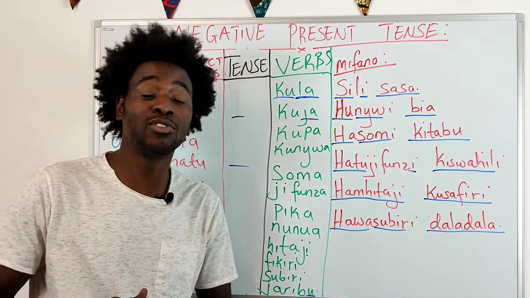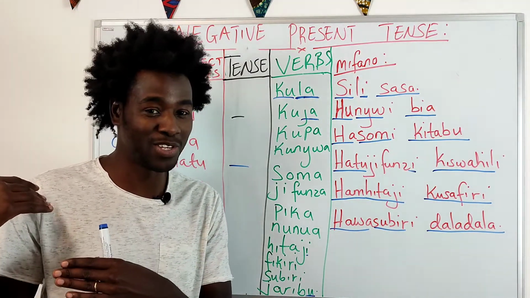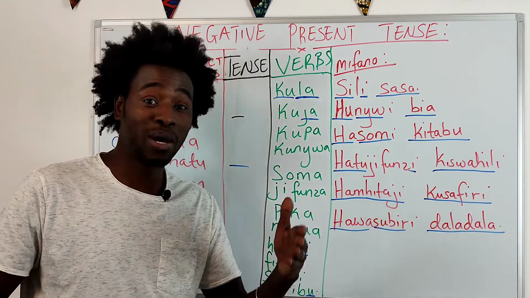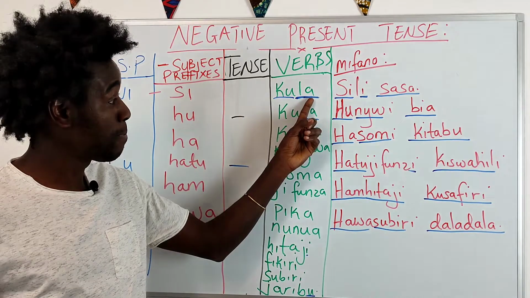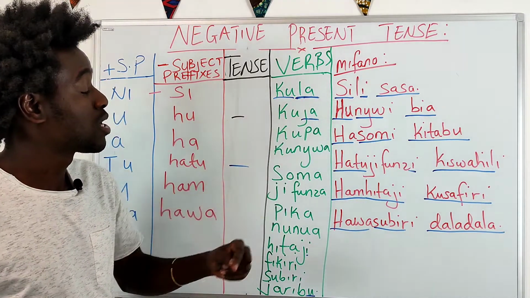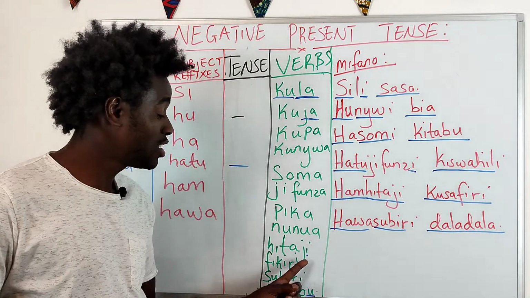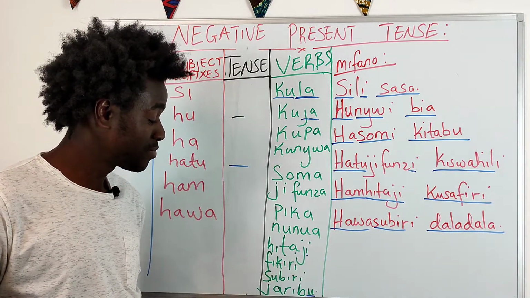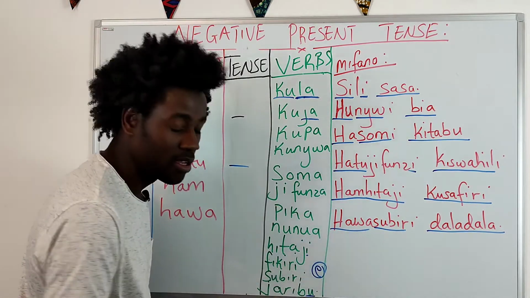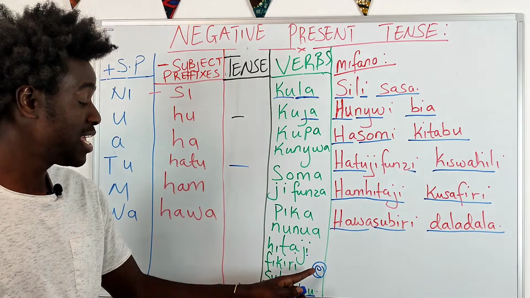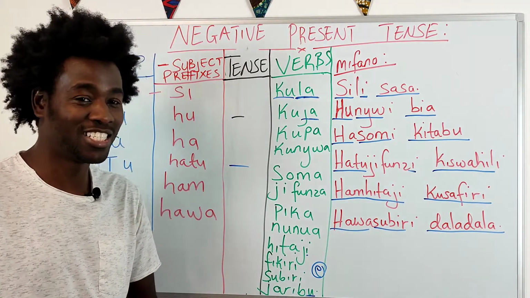In Swahili, we have two categories of verbs, as I explained in my previous videos. The verbs which are from Bantu origin, I mean the verbs which all end with the vowel a, and the verbs which are from Arabic origin, all the verbs which end with the vowels e, u, and i.